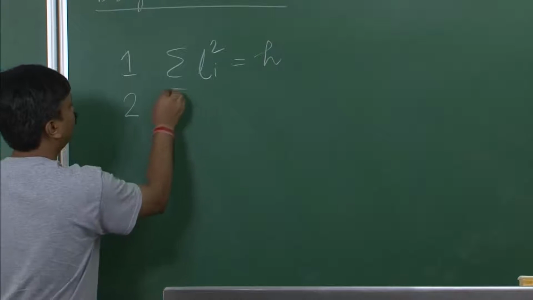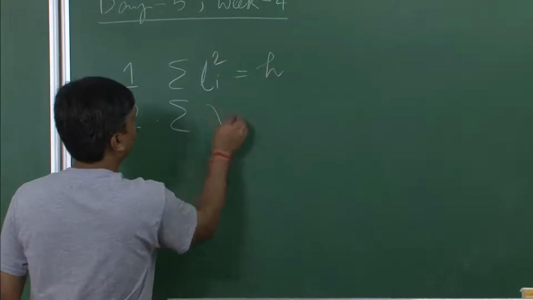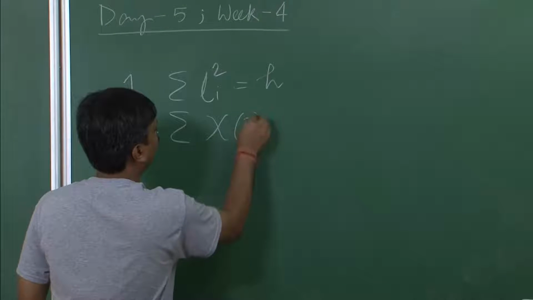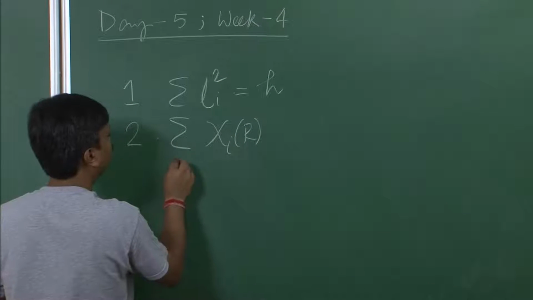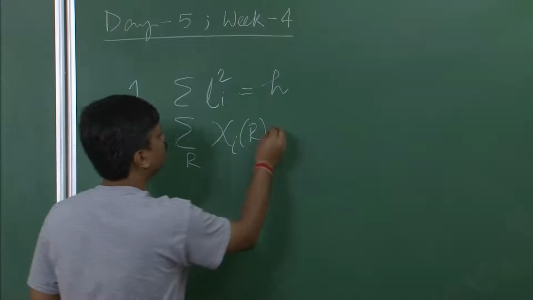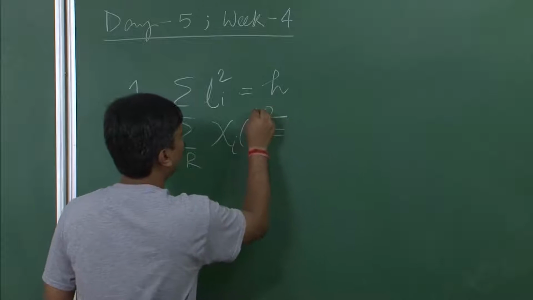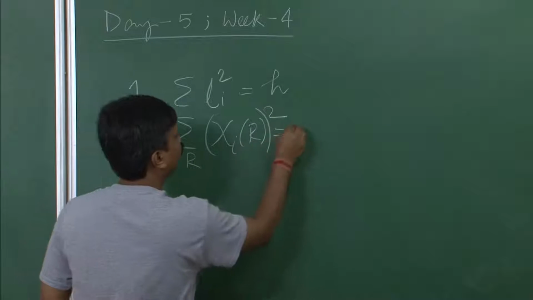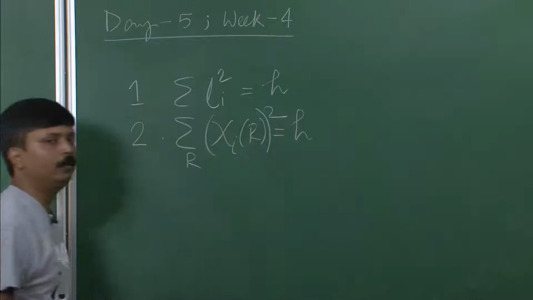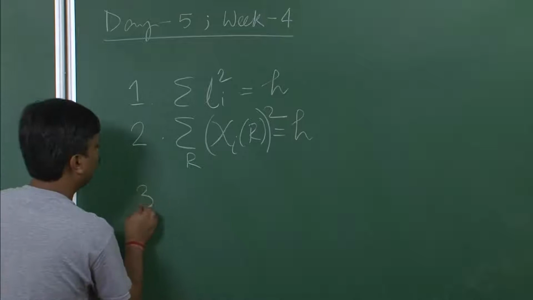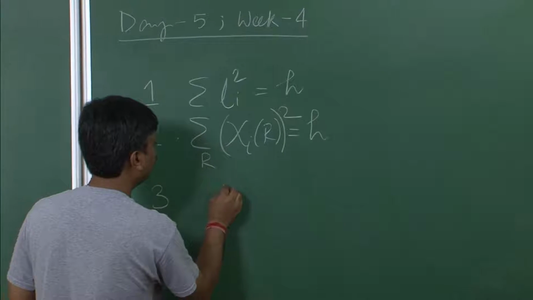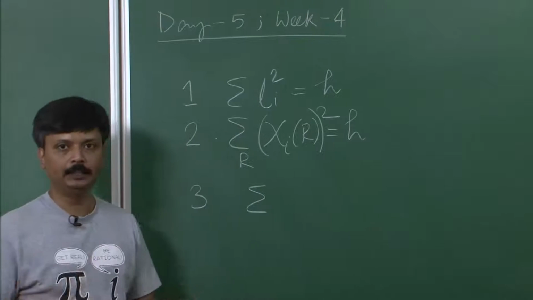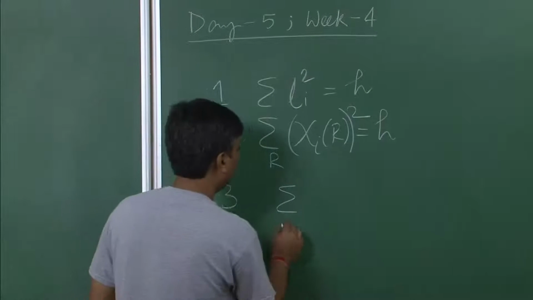Second, the sum of the characters squared for any given irreducible representation is also equal to the order of the group. Also, any two irreducible representations are orthogonal.